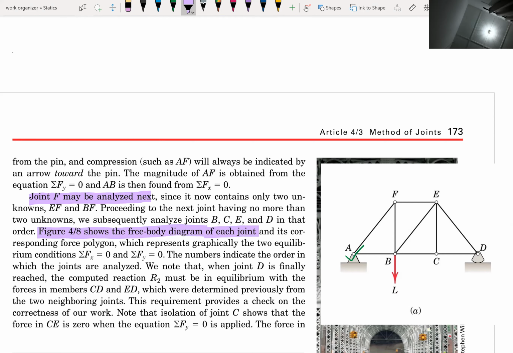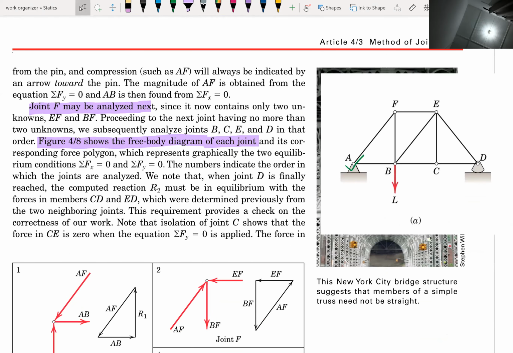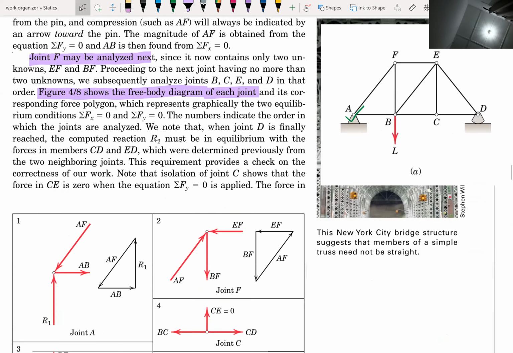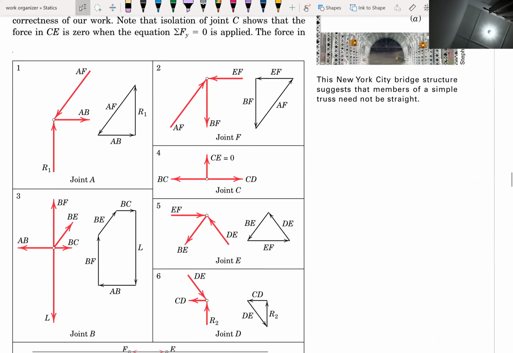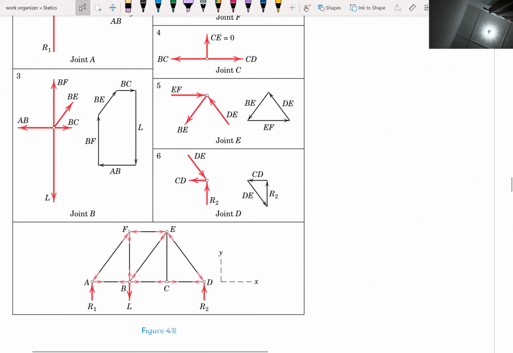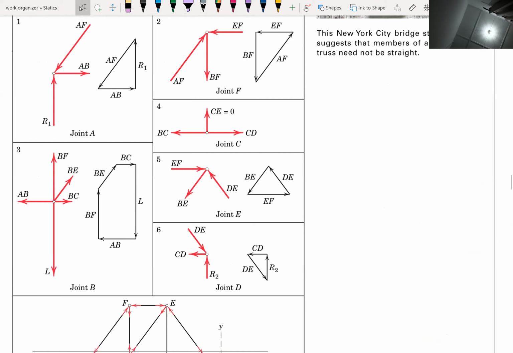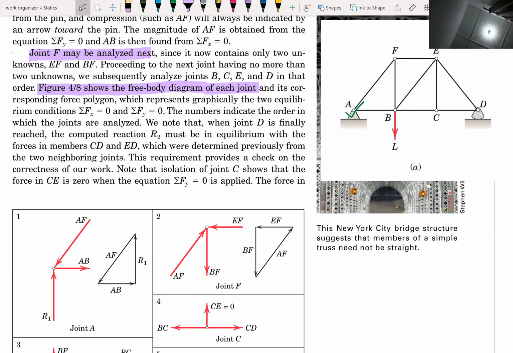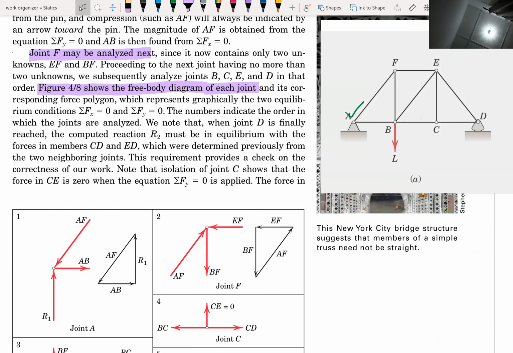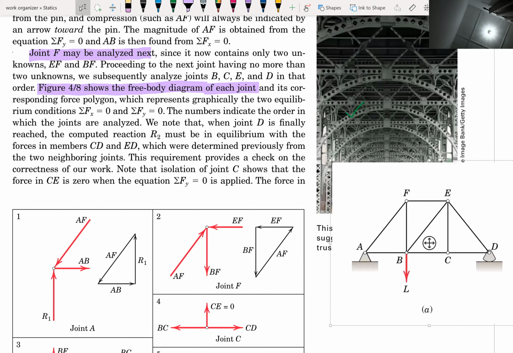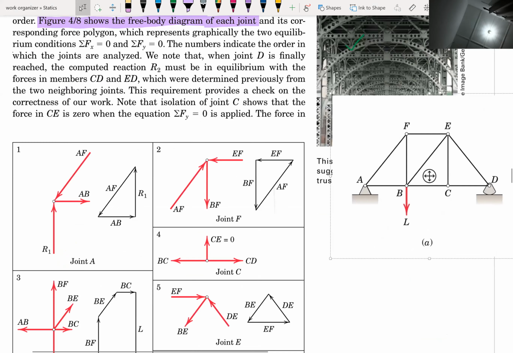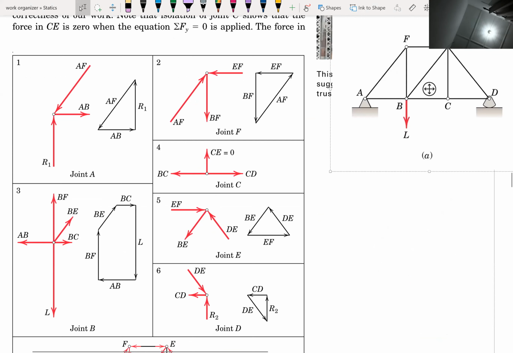We have a look at this one, so I have to use this picture.